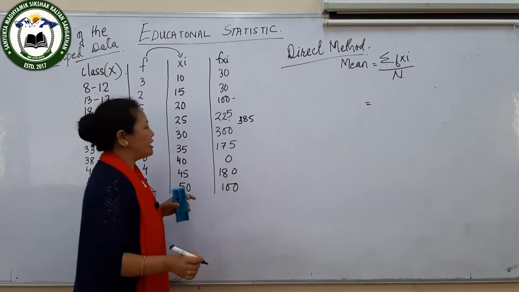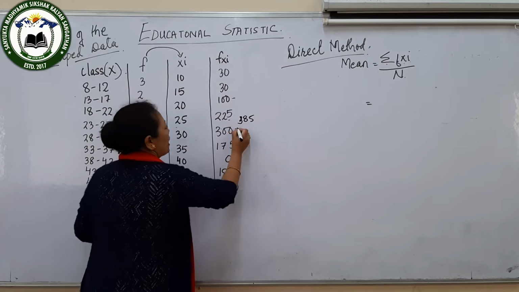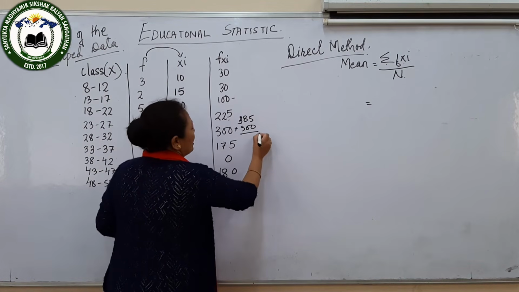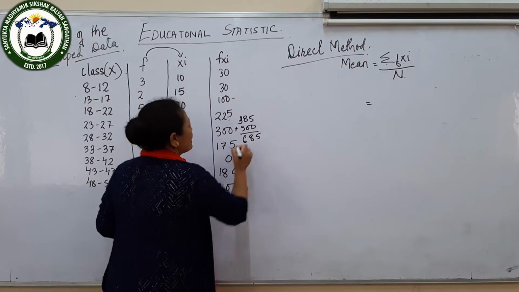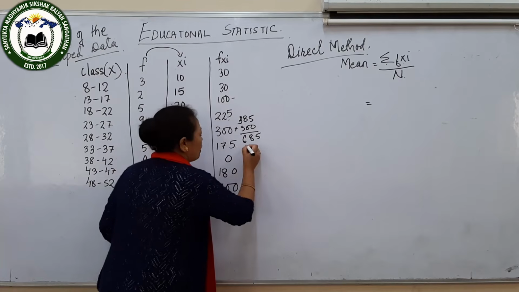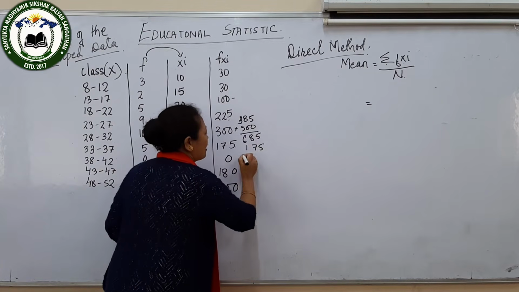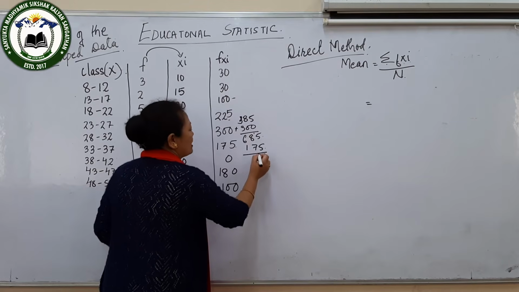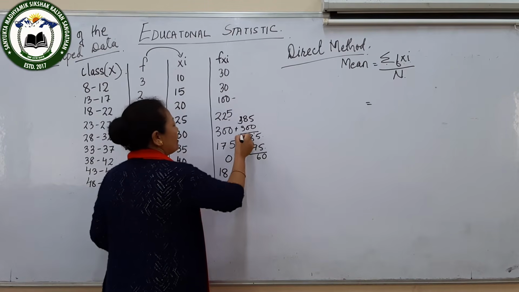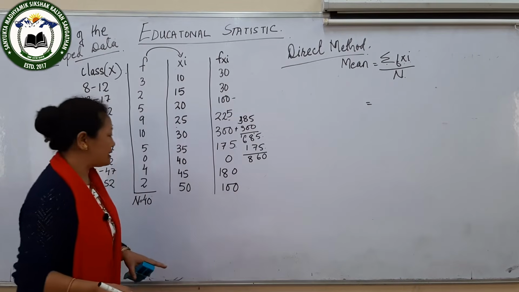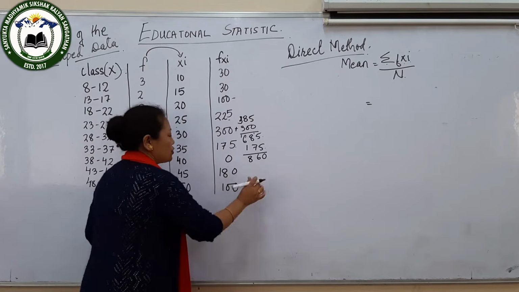So 385 plus you add this number 300, so it becomes 685. Again you add this number 175. So 5 and 5 is 10, 1 carry. It is 16, 1 left, 6, 7 and 8. 860.